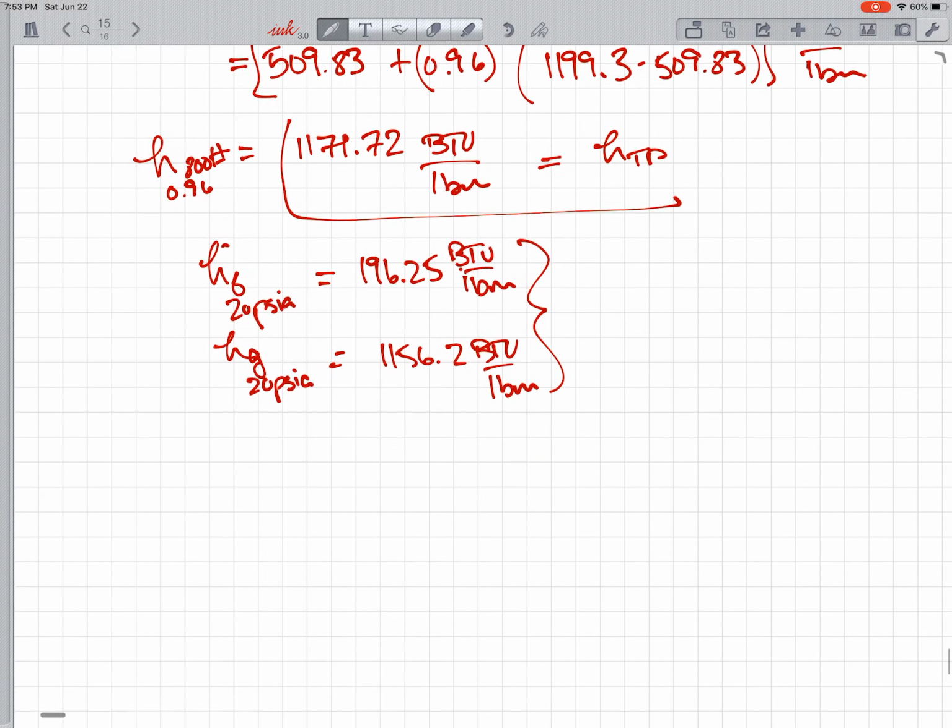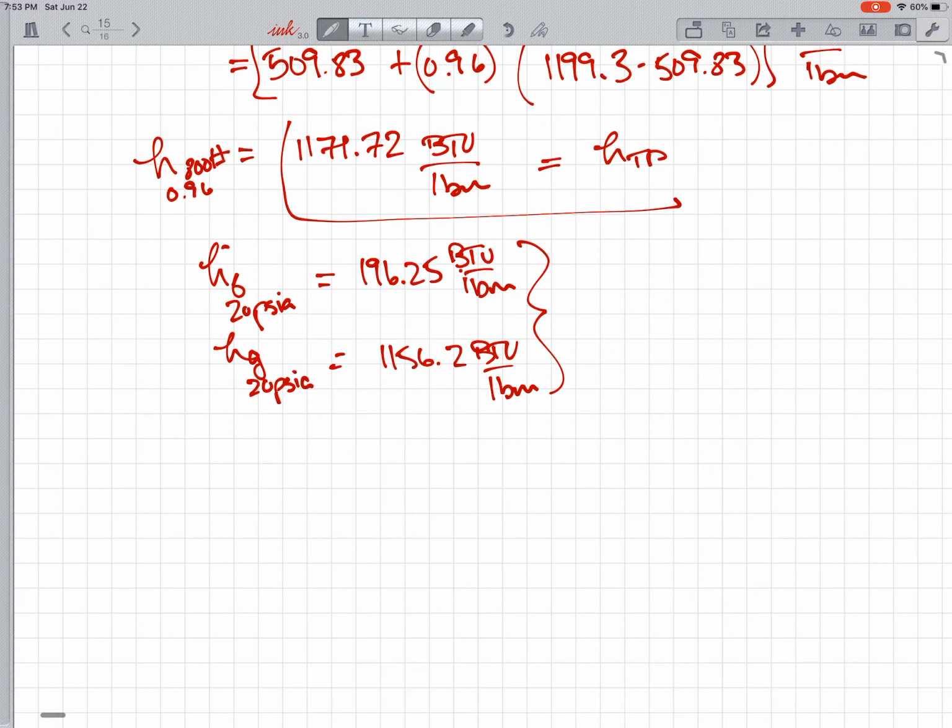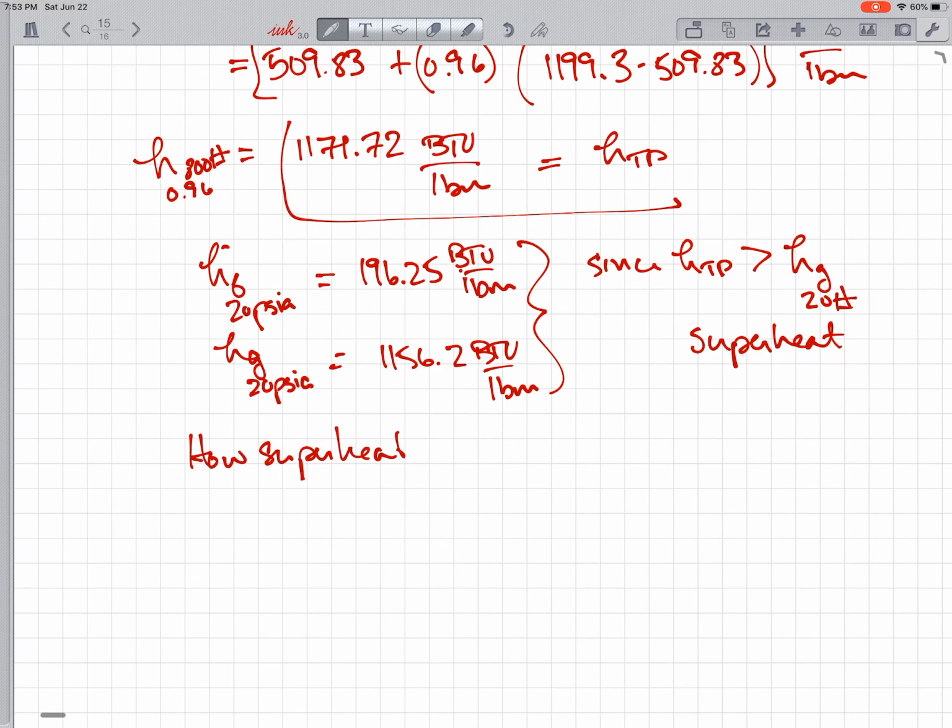So we are superheated because enthalpy of the tailpiece is greater than enthalpy G at 20 pounds, superheat. So how superheated are we?